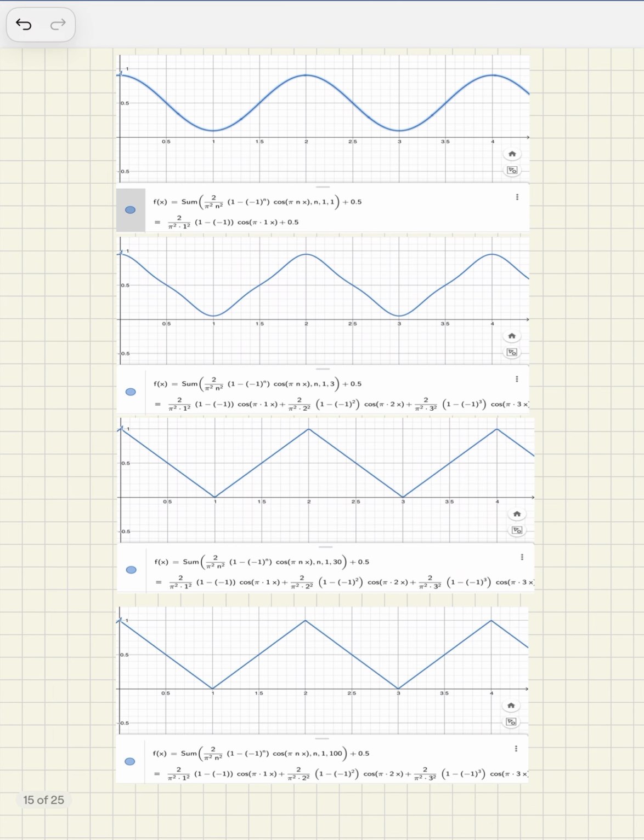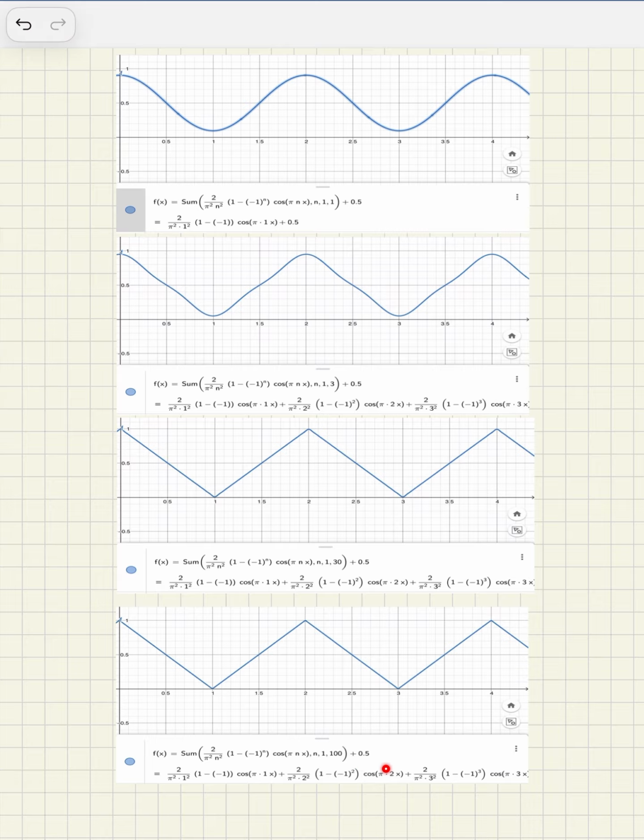And again, I will show you the graph. This is retaining the constant and first cosine term. It is nowhere near the triangular function. If you are considering first 3 terms, constant term and first 2 cosine terms, you will almost get a triangular wave. And if you are considering the first 30 terms, it is something like this.